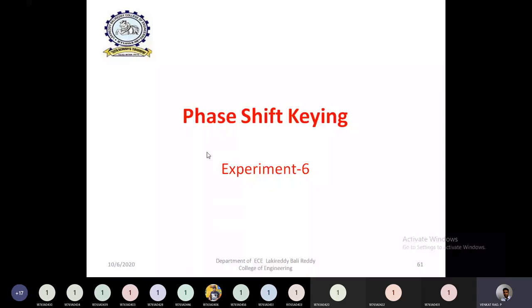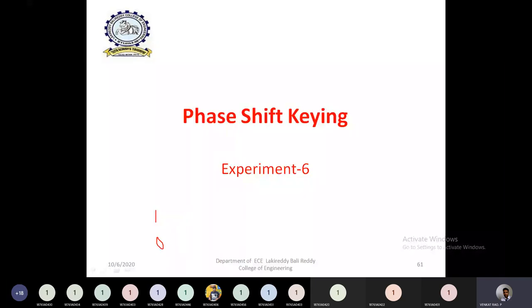Phase shift keying is a fundamental binary digital modulation technique in which the phase of the carrier is changed according to the input digital data. The input digital data is generally in the form of ones and zeros, each represented as electrical pulses.